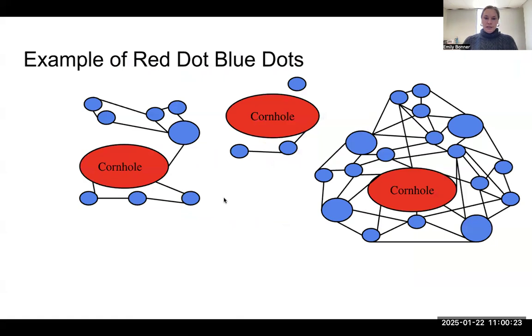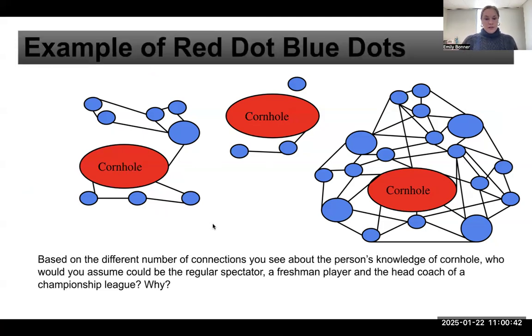If we look at this in terms of red dots and blue dots, cornhole is our emerging new idea. You can really look at this and think about it for a minute. What am I trying to show you here in terms of what these three distinct people know or understand about cornhole? Someone in the middle, what would you consider that versus someone over here on the right?